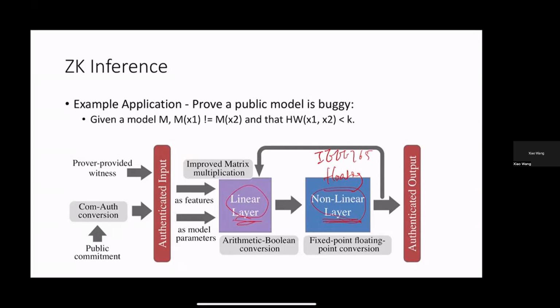In order to make it as fast as possible, we also designed some customized protocols that can do, for example, proof of matrix multiplication much more efficiently. We implement them as basic building blocks, and then we hook them up with Rosetta by some kind of intermediate interaction between these two parts.